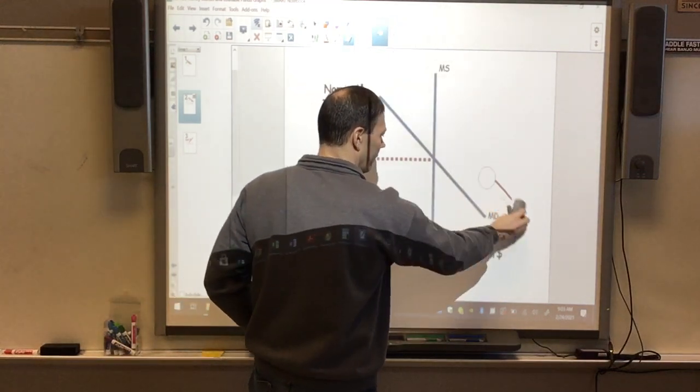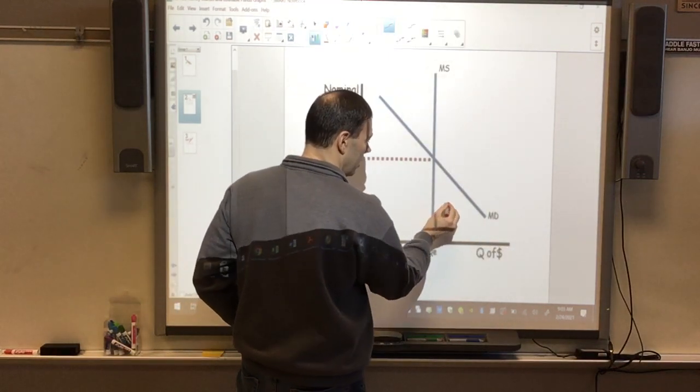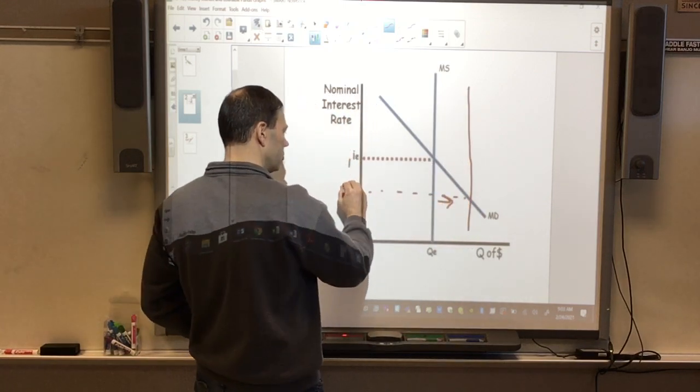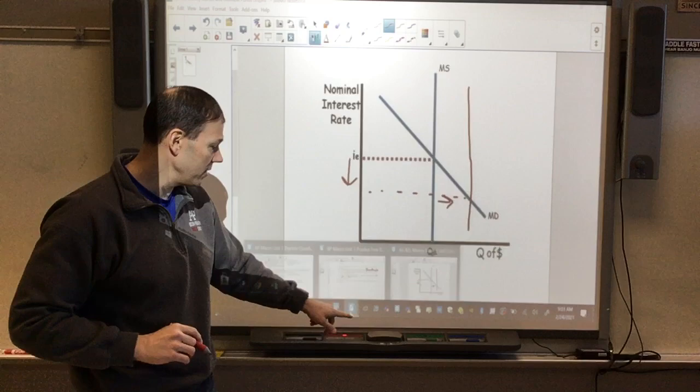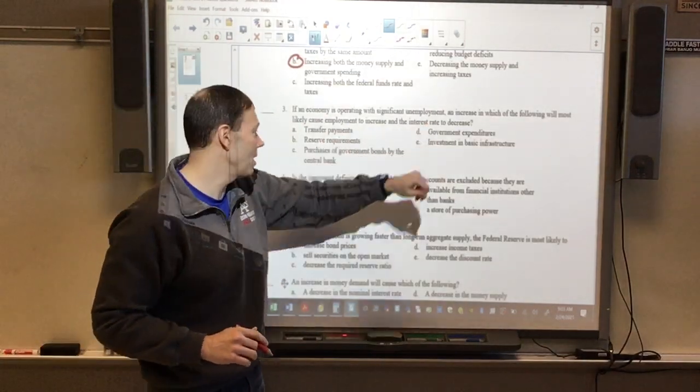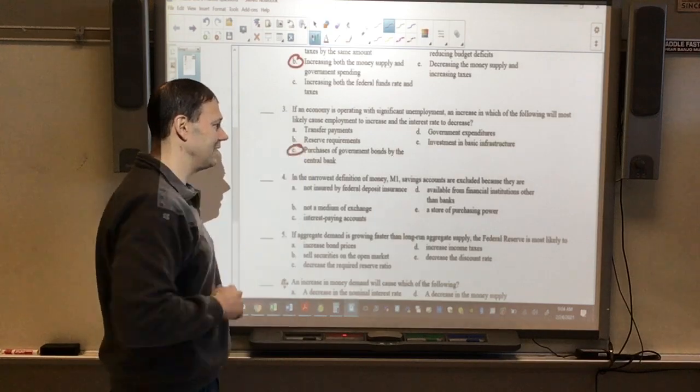On the other hand, when the Fed gets involved and they increase the money supply in response to recession, it causes interest rates to decrease. So it's got to be a Federal Reserve action because the government's going to make those interest rates go up and not down. And so C is our best answer.